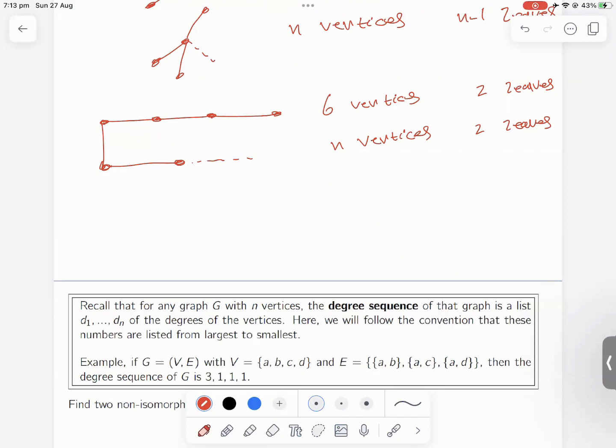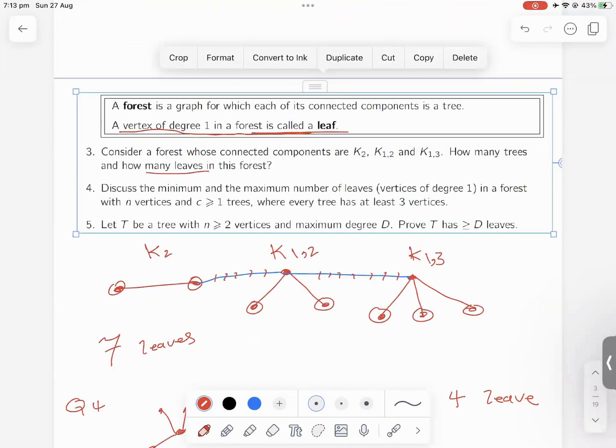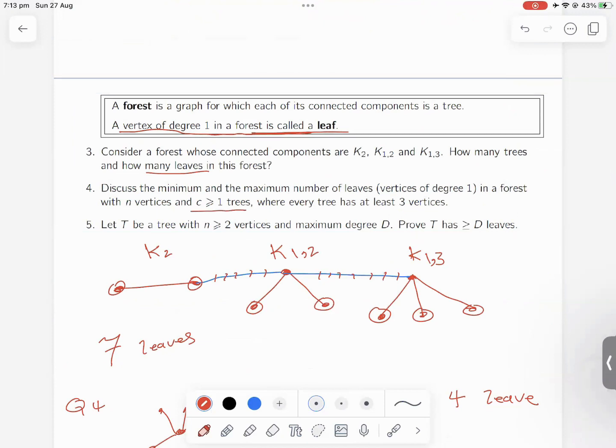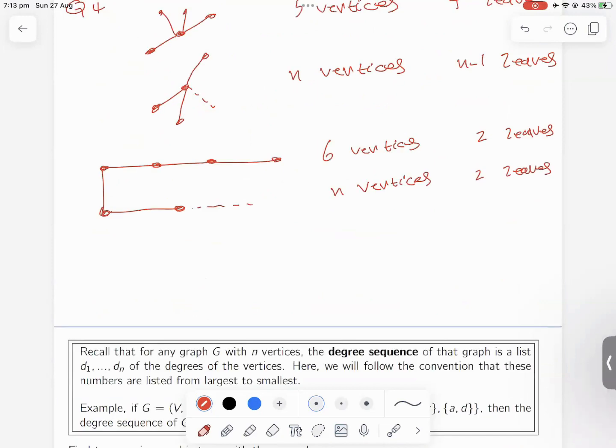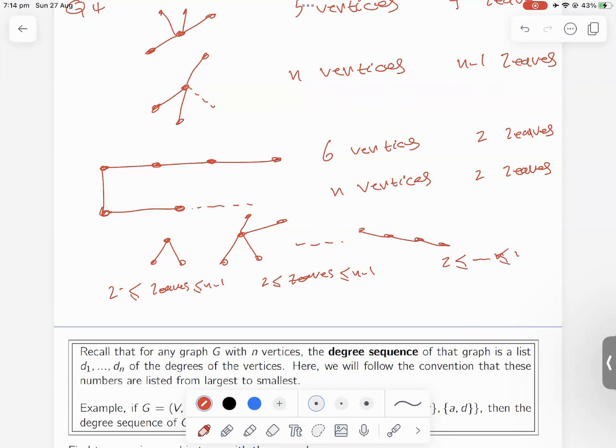Okay, so if we have C components, so if we have C trees, each with at least 3 vertices, then for each of them the minimum number of leaves is 2, and the maximum is n minus 1.